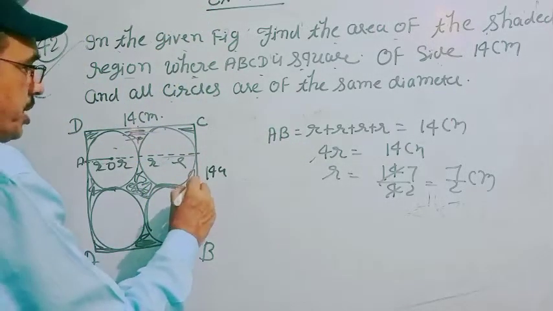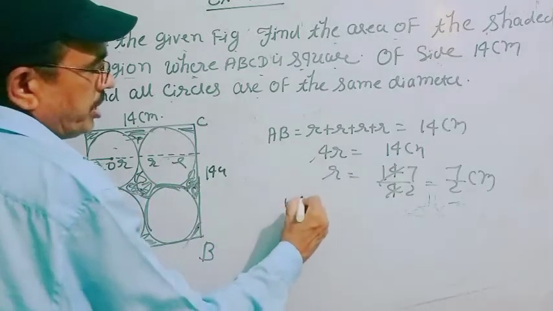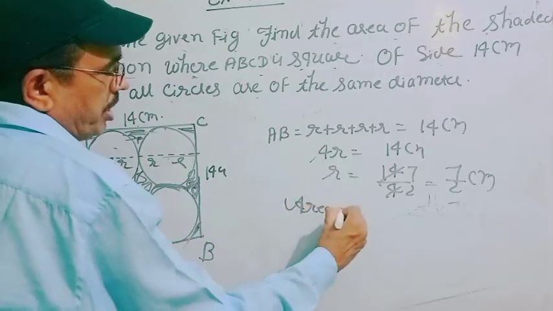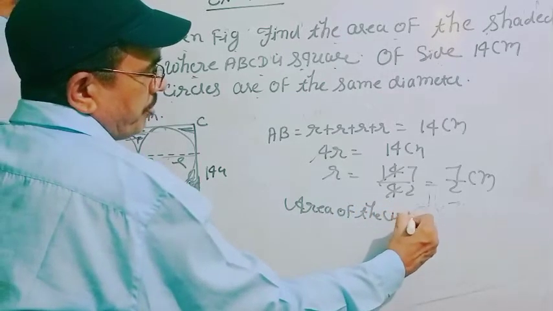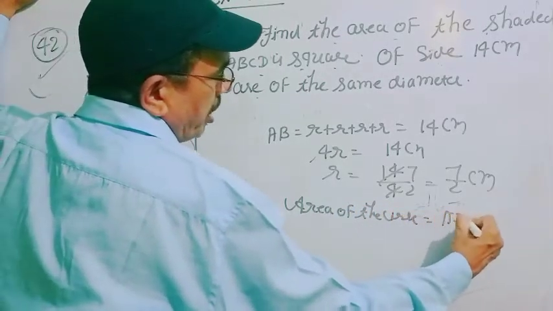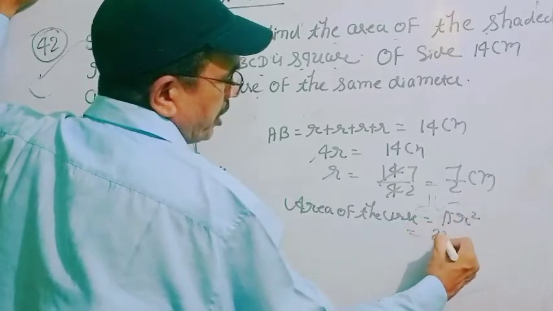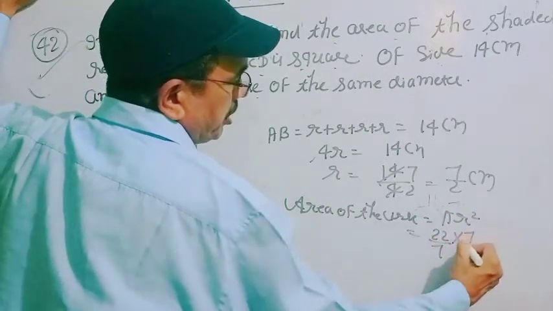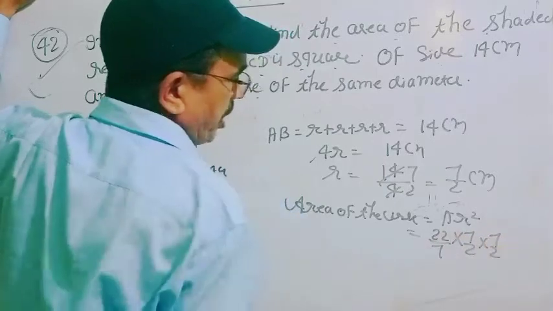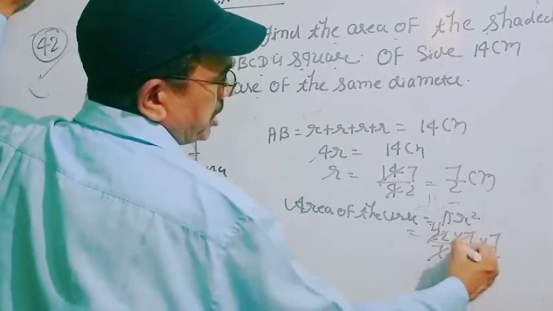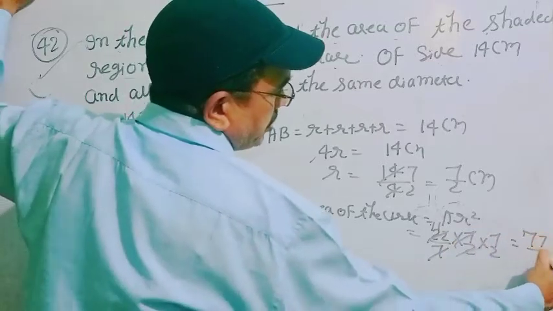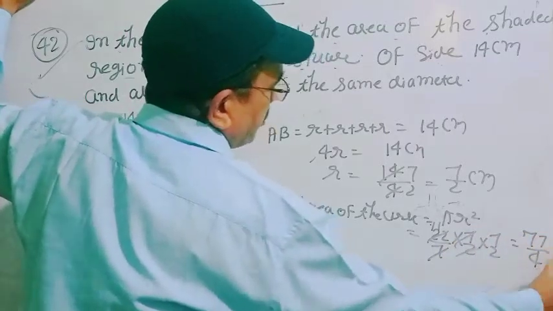Now the question is, what is the area of the shaded region? So what is the area of the circle? You find the area of the circle with the help of pi r square. Then here is 22 by 7 into 7 by 2 and 7 by 2. Then 7 2s are 14, 11 and 7, that is 77 by 4 cm square.